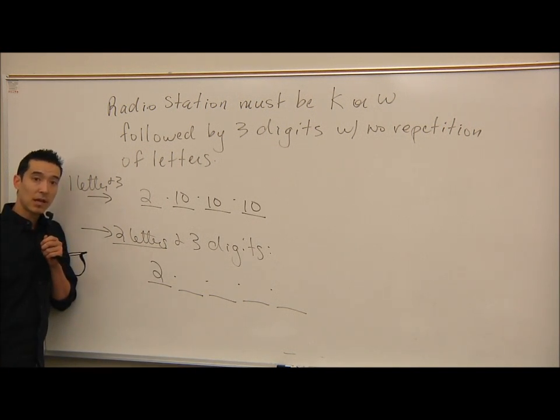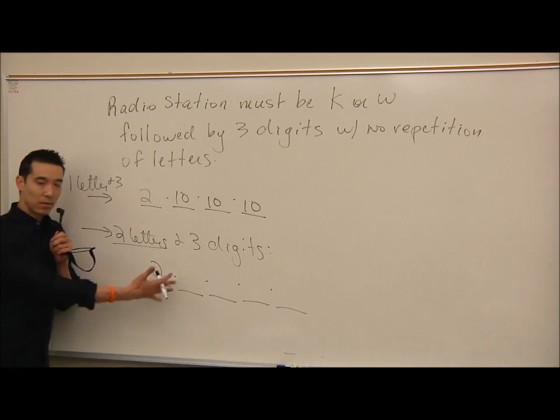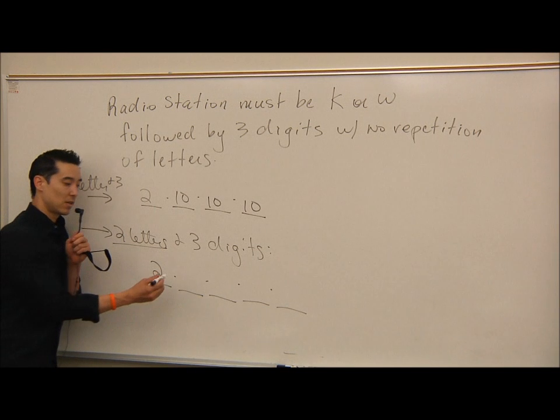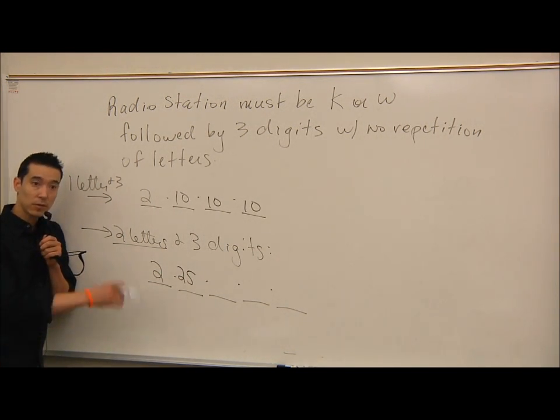And then it says I'm not allowed to repeat letters, right? So I've used one of these letters. I've used a K or a W. How many letters do I have left? 25, right? Only the first letter must be a K or a W. This next one could be anything. But it can't be a K or a W because I've already used a K or a W. So does everybody see that that's 25? Because you used 1 letter, so you have 25 letters left.